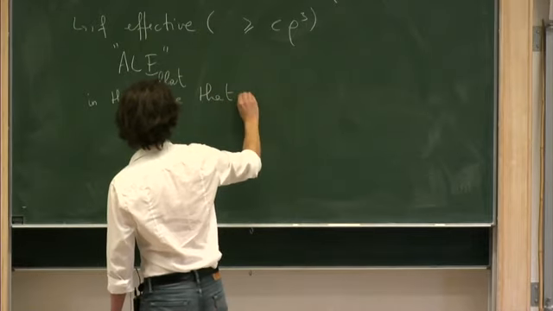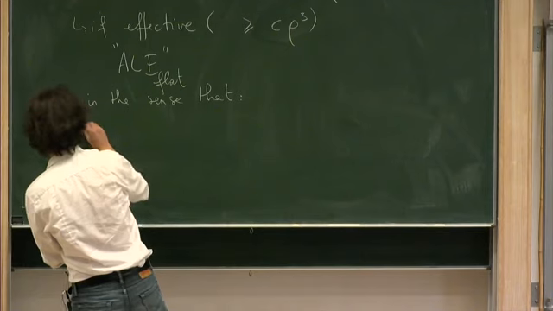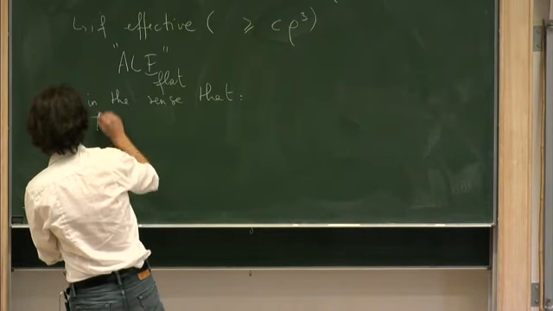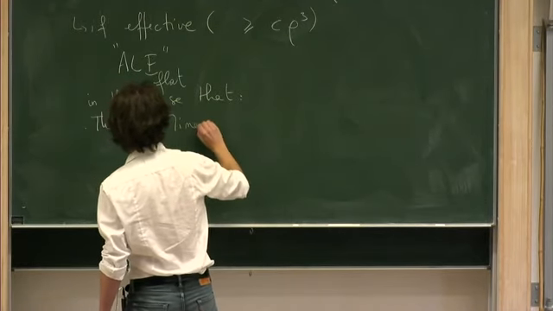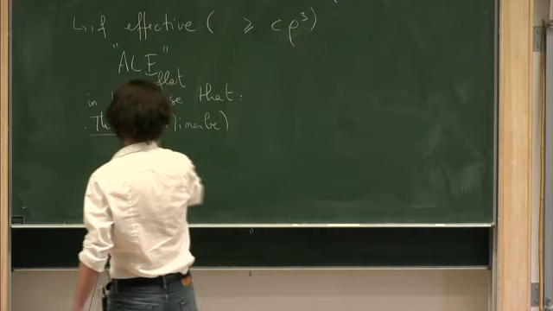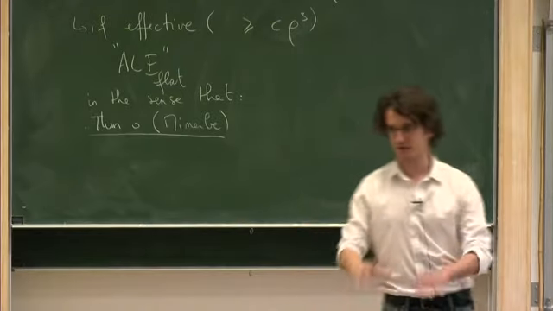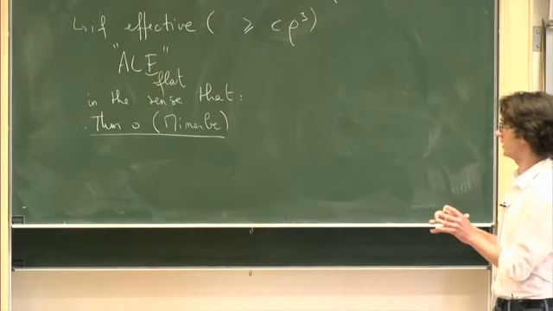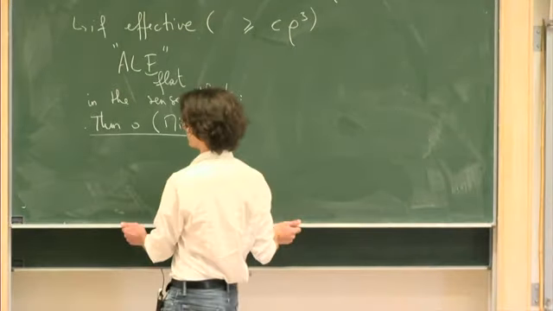So you have asymptotically locally flat manifolds in the sense that, and this is a structural result due to Vincent Minerbe again, in my theorem 0, you have a kind of model for your complete manifold outside a compact subset, a rather simple model.